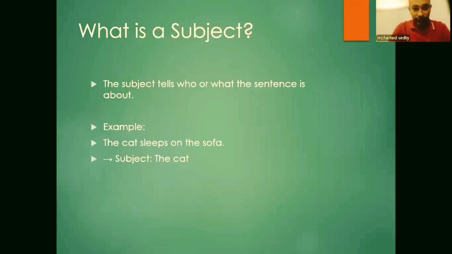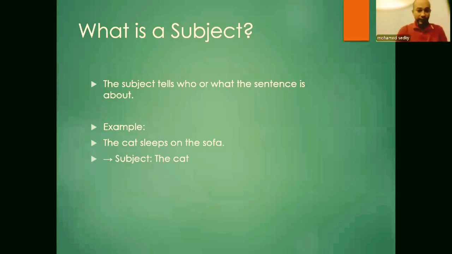Now, the subject is the doer of the action, or in other words, the subject tells who or what the sentence is about. So he's the one that's doing the action.